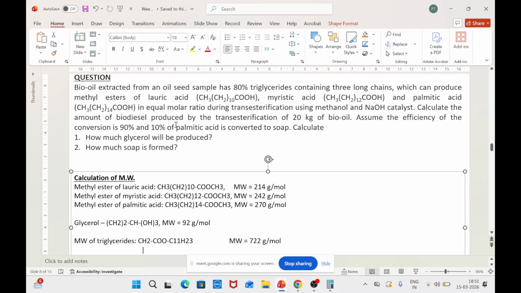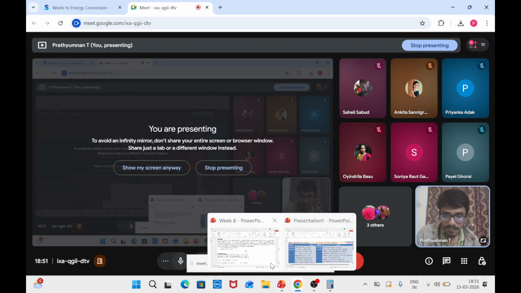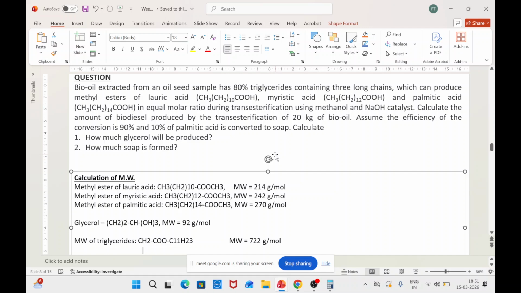Anyone, any guesses what could be the error? It's a minor error. There is a factor that we are missing.